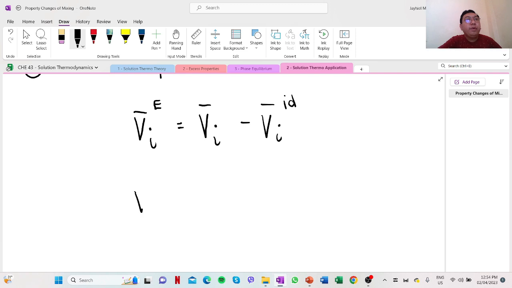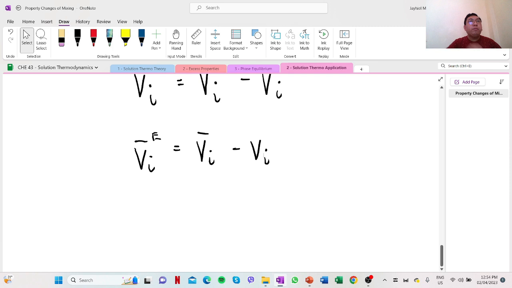Remember that the partial molar volume of a species in a mixture at ideal conditions is just equal to the pure component volume.